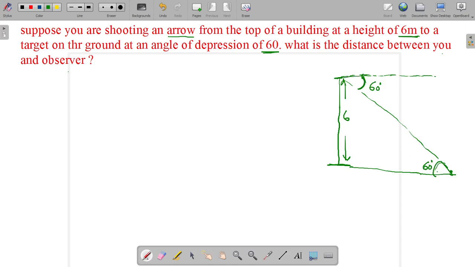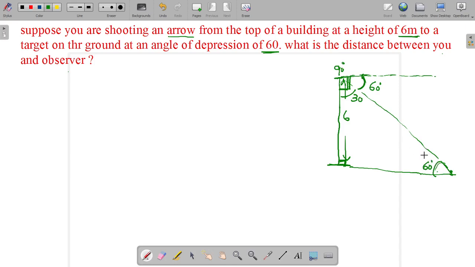Suppose this is a straight line and this is perpendicular to it, so it is 90 degrees. This is 60, so 90 minus 60 is 30. By default this is 90, so 90 plus 30 is 120. The remaining is 180 minus 120, which is 60 degrees. Okay, we got 60 degrees.